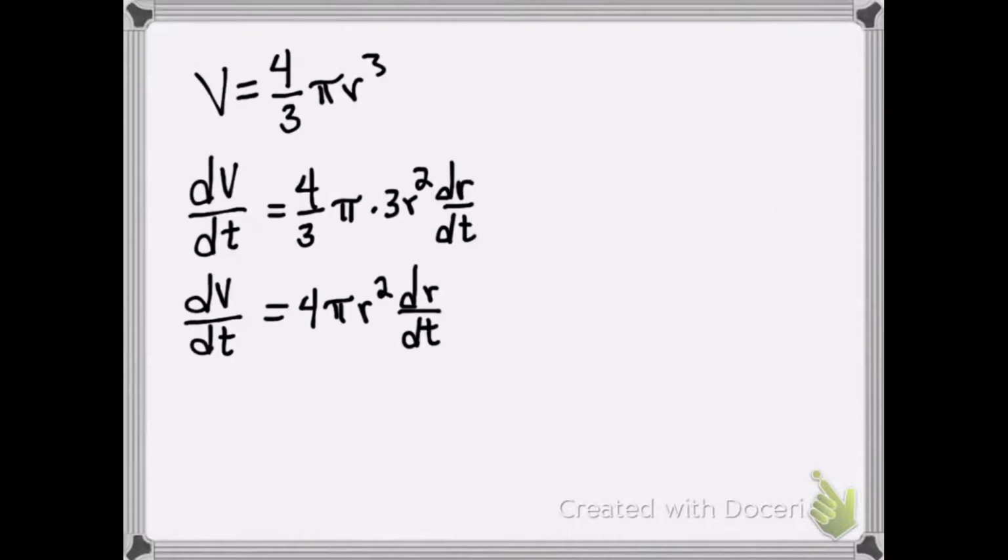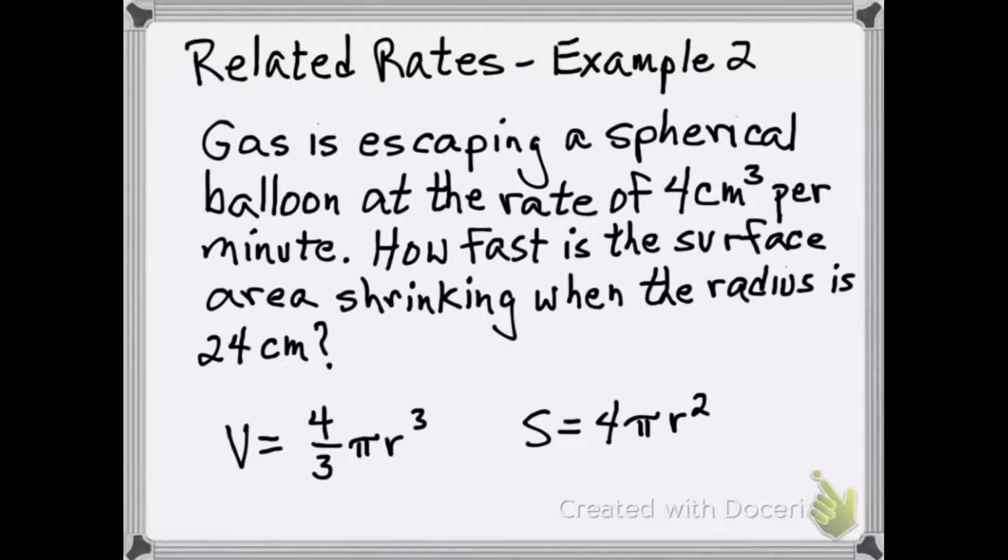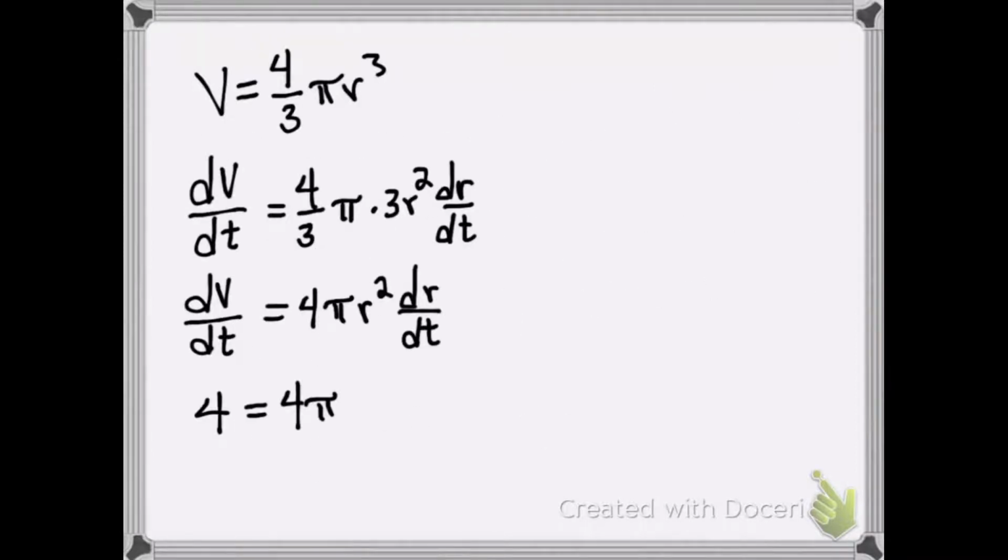So on the left side of the equation, we know that this is 4. On the right side of the equation, we have 4 pi times r squared, but then the problem asks how fast the surface area is shrinking when the radius is 24 centimeters. So we're going to replace r by 24, and we'll be squaring that, and then multiply by dr/dt.